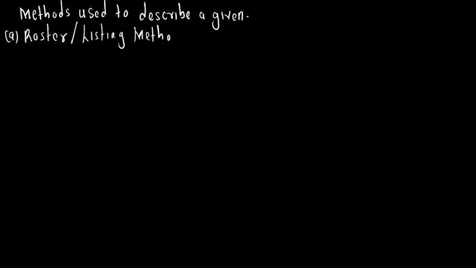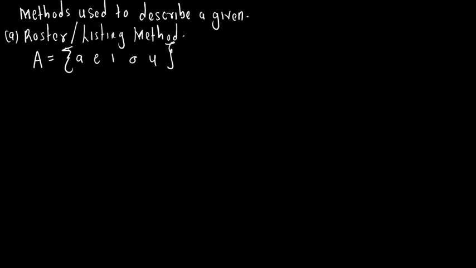Now, what about this method? From the word roster or listing method, automatically you know that you'll be listing some members of the set. So, if A is a set, and such that A is some set that contains the members, let me just say the vowels, let's say a, e, o, u.